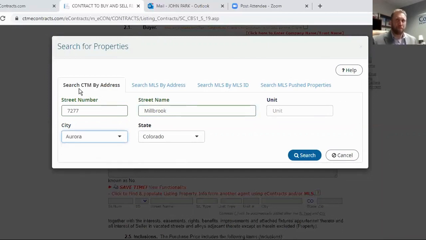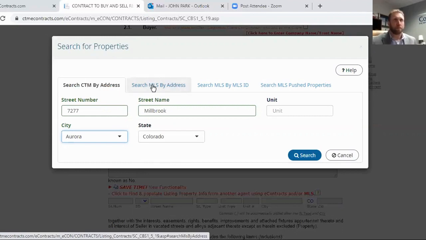Okay, so you could do it by CTME contracts. I would say 95% of listing brokers will probably have it in here. But if you don't find it here, you could also search through RE Colorado, search MLS by address. Or if you have the listing ID, which is typically 7-digit numeric, you could search it through here.